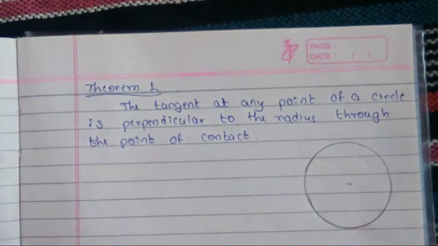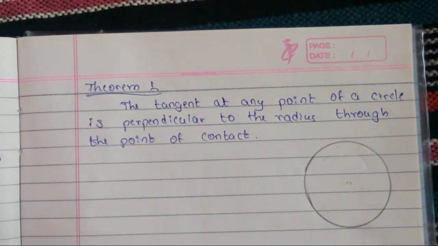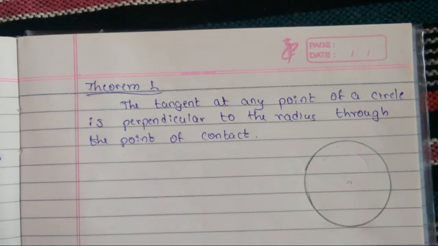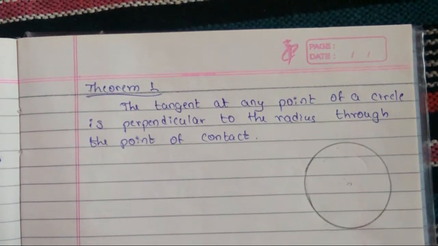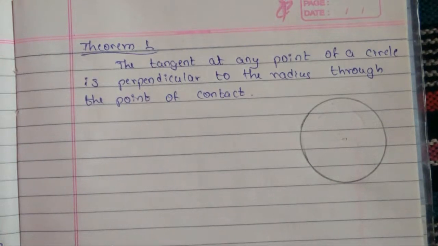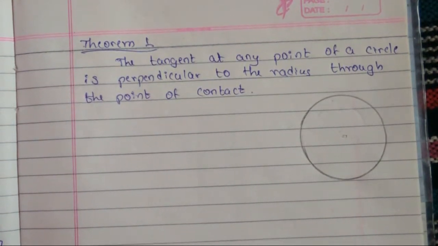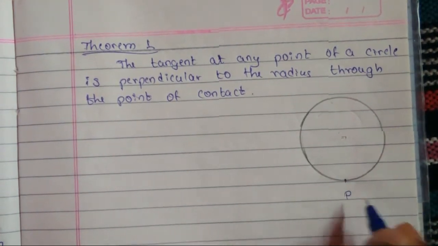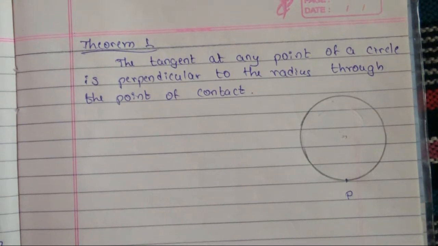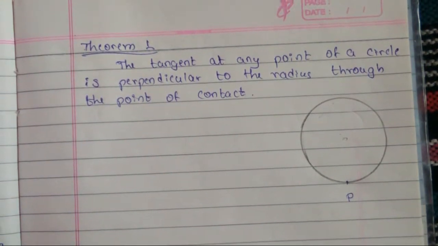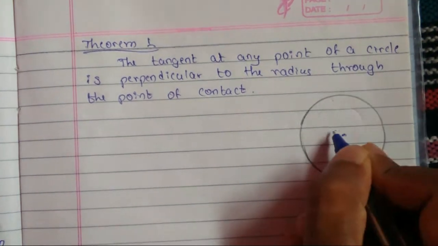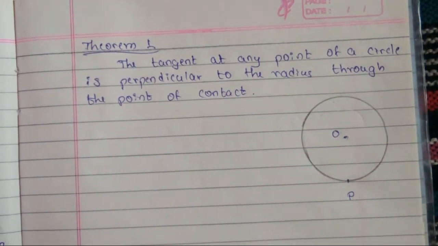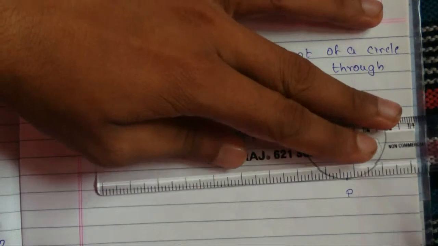First we have to write what are the given data, then what we have to prove and what the construction we are going to do while proving, and after that we have to write the proof. Okay, so the tangent at any point of a circle, I will consider one point as P and I will consider the center as O. Center is O, then point of contact is P, and now I will draw one tangent to this circle.